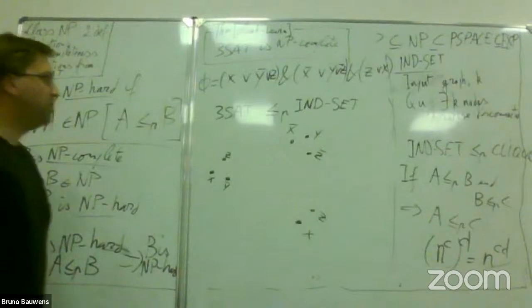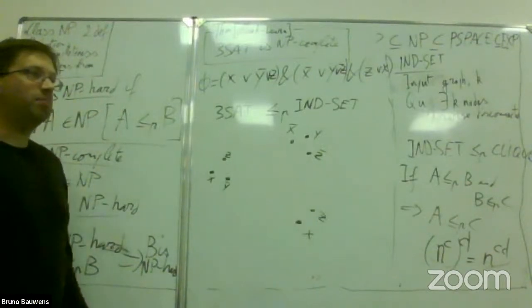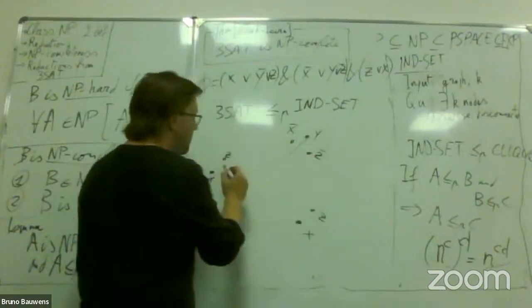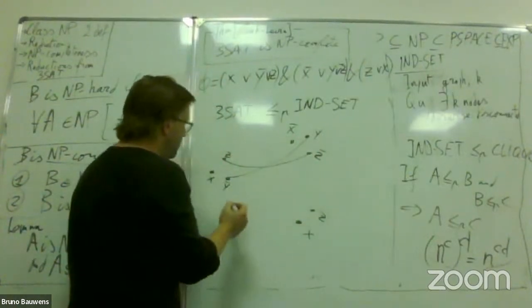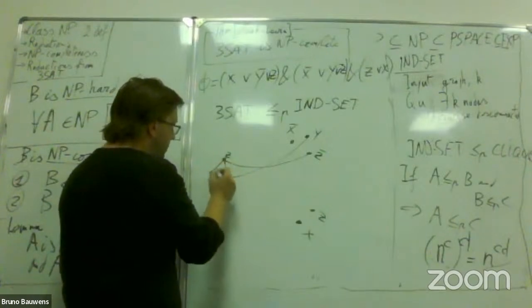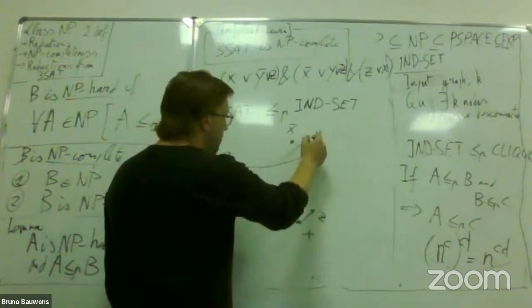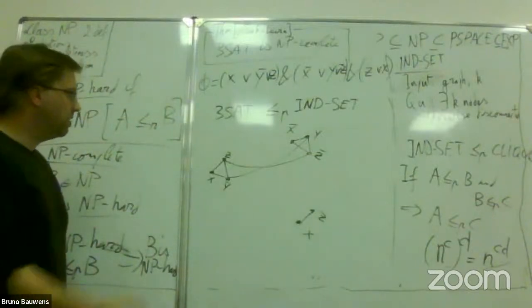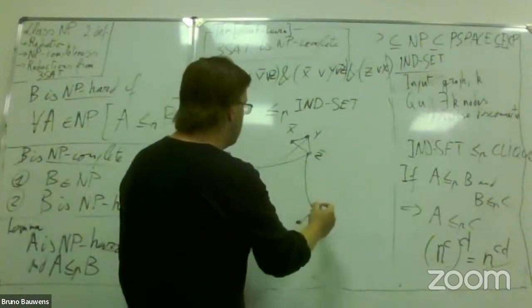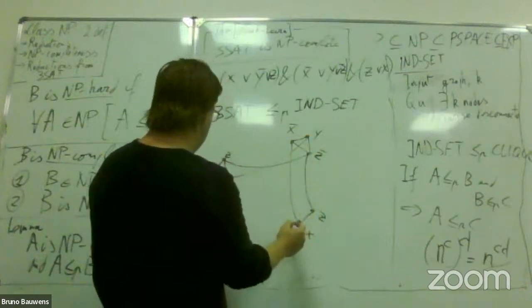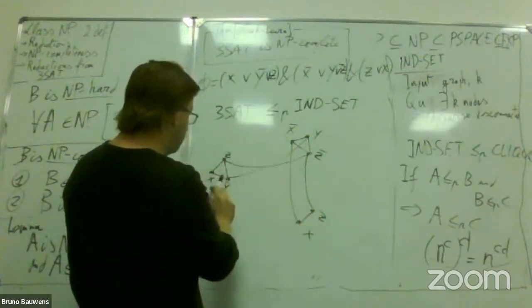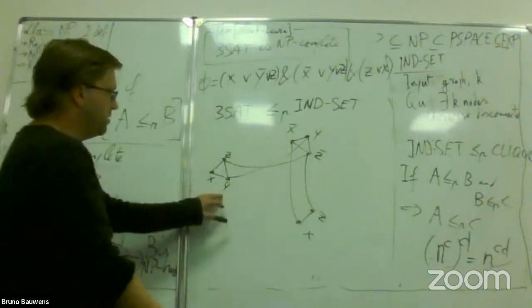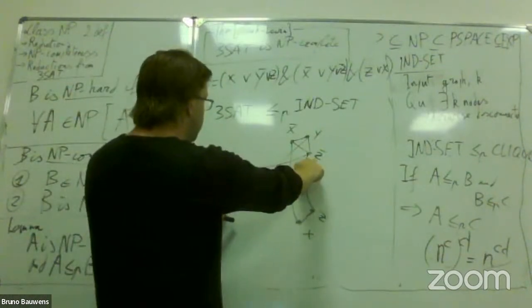Now we connect points that are labeled by opposite literals. So we connect y to not y, and z to not z. And we also connect the nodes of each clause, so each clause forms a triangle. Okay, let's do all of them. Right, we just have two negative ones.